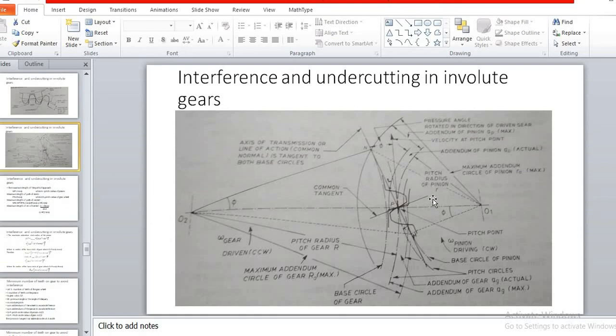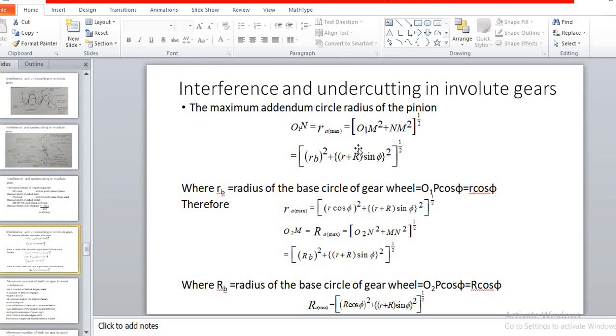The square of the hypotenuse is equal to the summation of the squares of the remaining sides. So O1N is equal to the square root of the summation of squares of the two sides, and it is represented here.